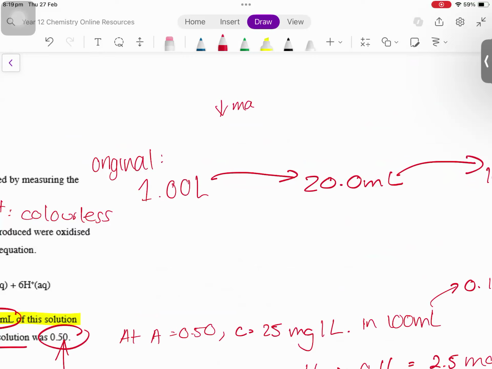But we have to figure out how much they actually divided the mass and the volume by. So we have to do it in the same units. 1 liter to 20 mils. 20 mils is 0.02 liters. What did they divide 1 liter by to turn it into 0.02? How many times did they divide up the volume?